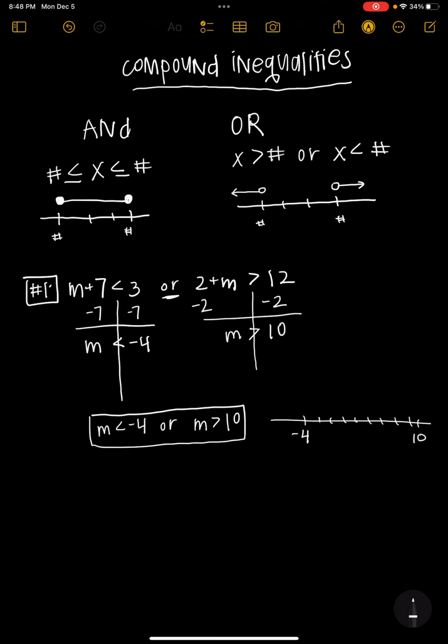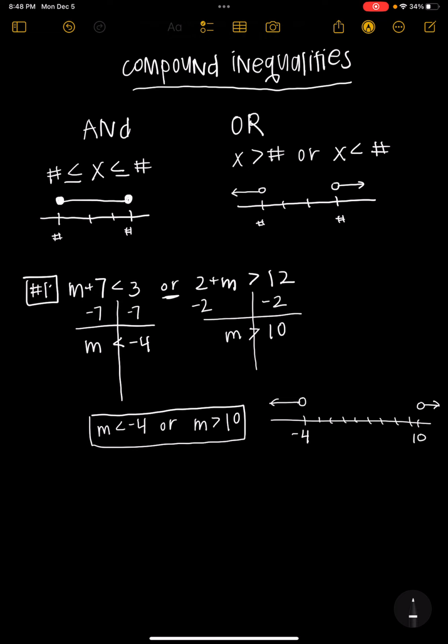If you remember, open dots mean just less than or greater than, and closed dots mean less than or equal to or greater than or equal to. Because these are just less thans or greater thans, we're going to put open dots on the negative 4 and 10. Then because it's an "or", we draw arrows pointing away from the center.